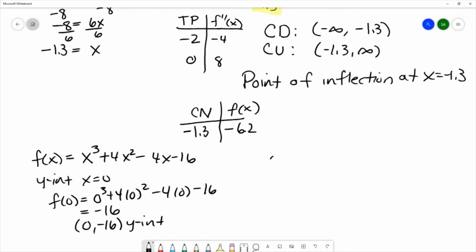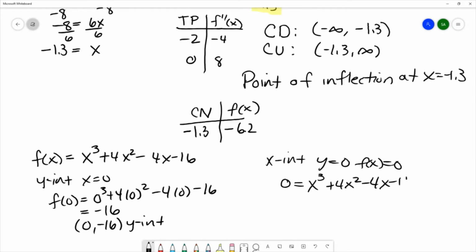Now I can also find the x-intercept by letting y equal 0. That's f of x equals 0. So I set the whole function equal to 0. 0 equals x cubed plus 4x squared minus 4x minus 16. I can solve this by factoring. Factoring by grouping. I'm going to group these two terms together and factor out an x squared. I'll be left with x plus 4. I'll group these two terms together and factor out a -4.